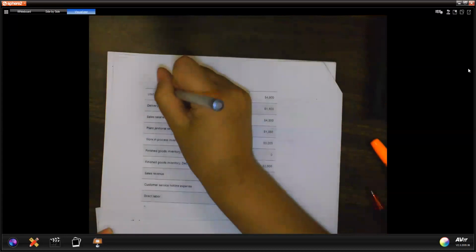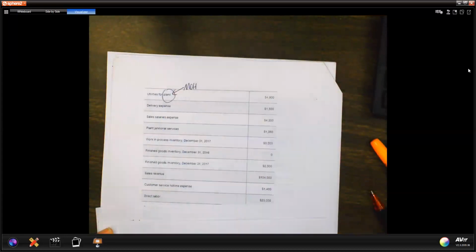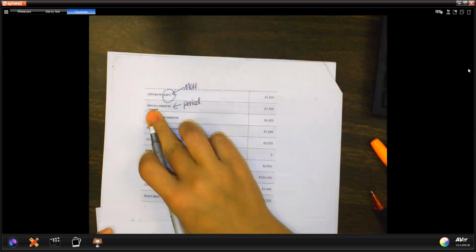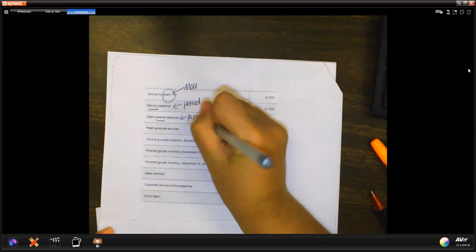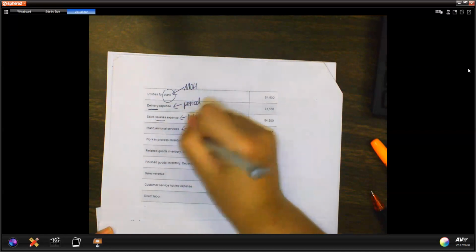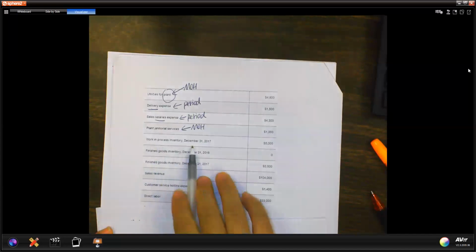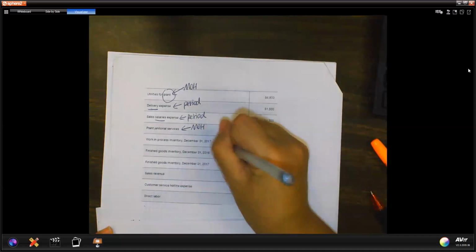Utility for plant. So that is our manufacturing overhead, right? Delivering expense, that is our period cost because it's not related to our production. Sales, that's our period cost. Plant service is manufacturing overhead. Work in process, this is work in process at the ending inventory.